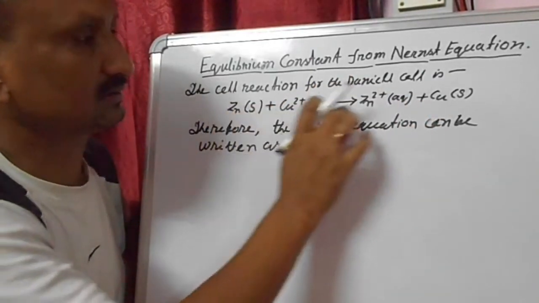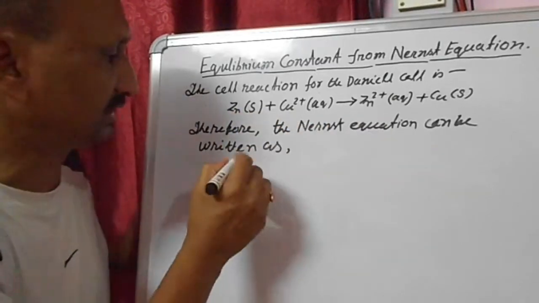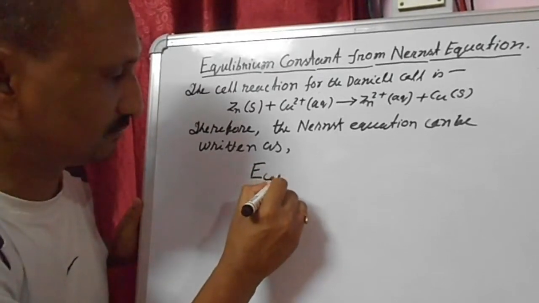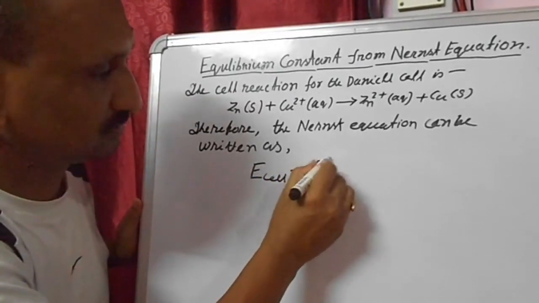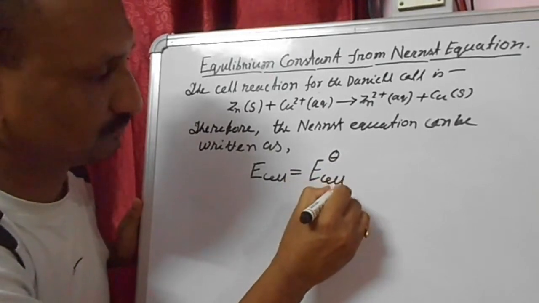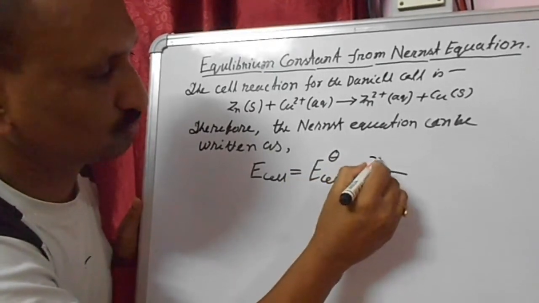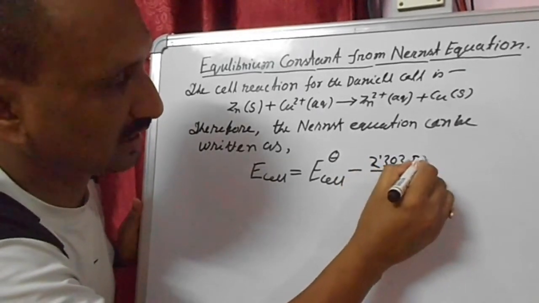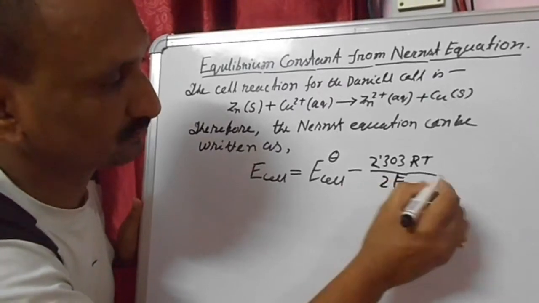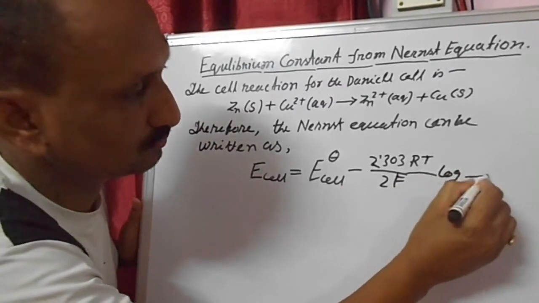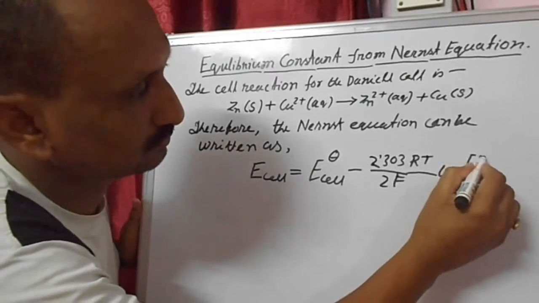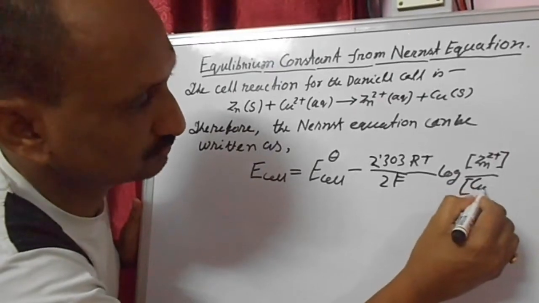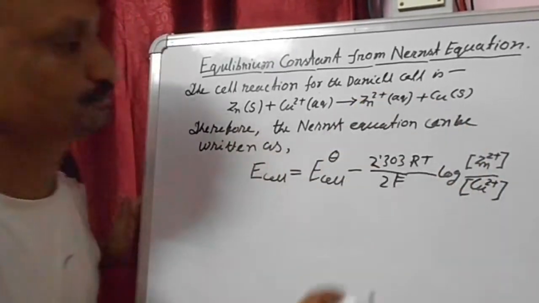For this cell reaction, the Nernst equation can be written as E cell equal to E standard cell minus 2.303 RT by 2F log of concentration of zinc ion divided by concentration of Cu2 plus ion.